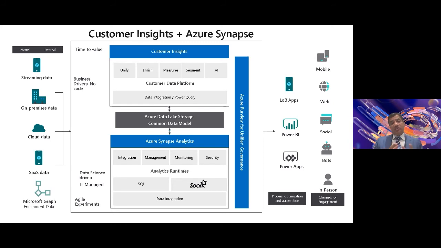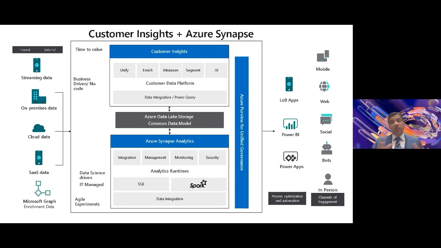Now, once those insights are ready, you can push them out onto line of business applications, Power BI as a dashboard, or Power Apps as a smart application layer onto which some of these get pushed out. And there are many channels of engagement on which you can actually go out and interact with that end user.